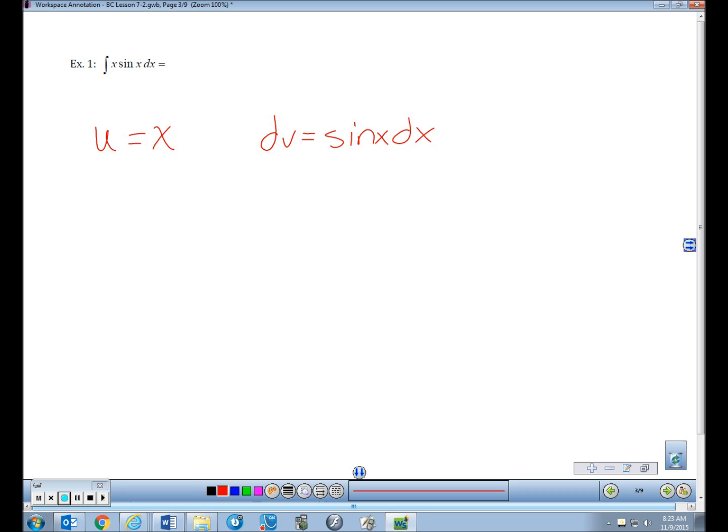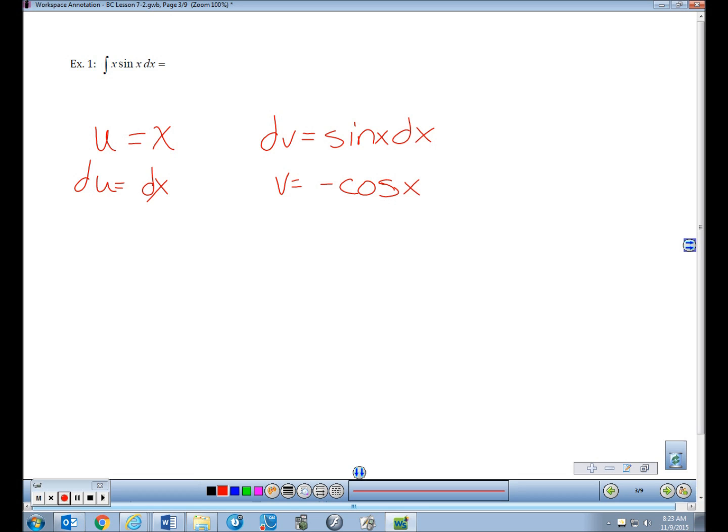If we have u and dv, we need a du, which is the derivative of x, which is 1 times dx. So we're talking about differentials here. And v is equal to the antiderivative of sine x dx, which is negative cosine x. We're not going to worry about the plus c here; we'll put a plus c at the very end of the problem.